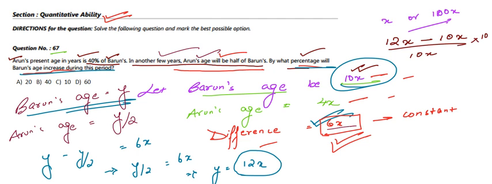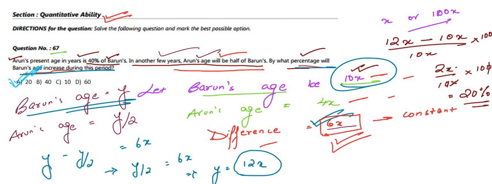So this is 2x by 10x into 100. The 10 and 10 cancel out, x cancels out, and we are left with only 20. So there is a 20% increase in Barun's age. This is what we needed. Let's check the options. Option A matches our answer, hence option A is the correct answer to question 67.